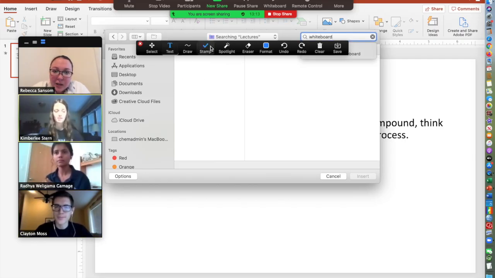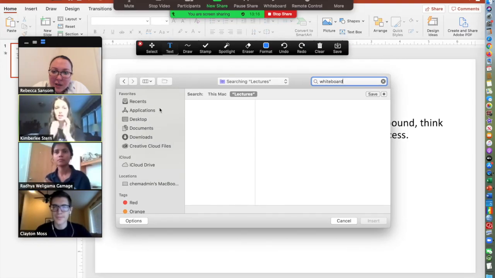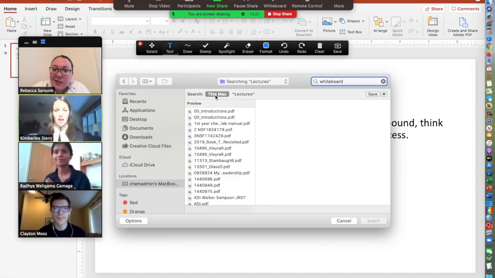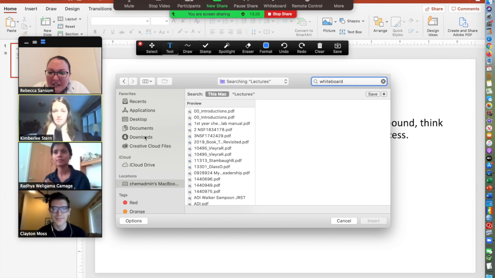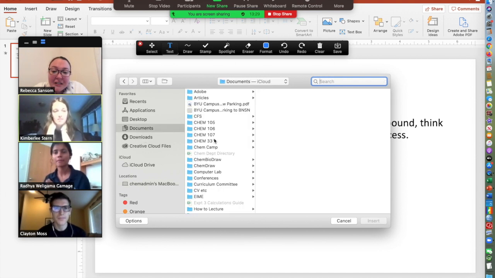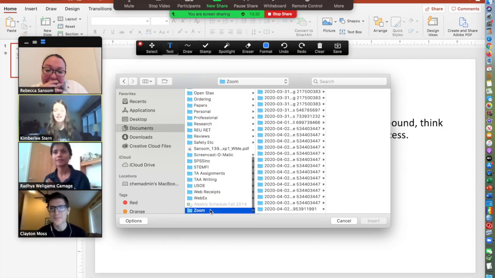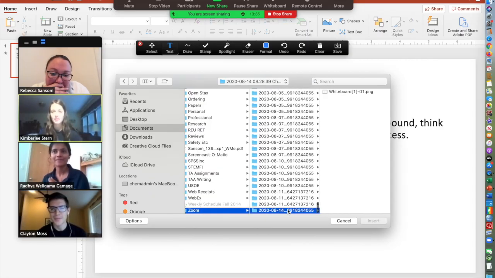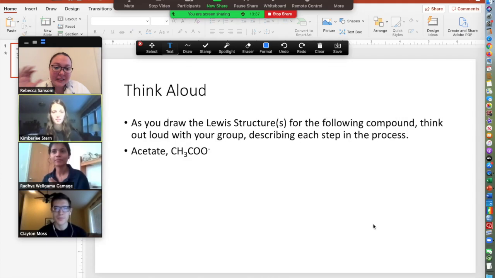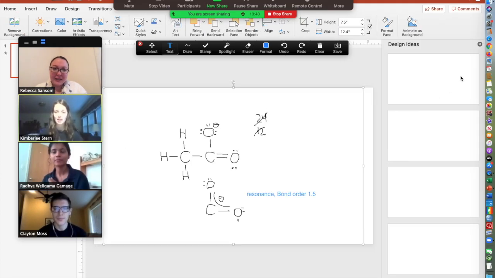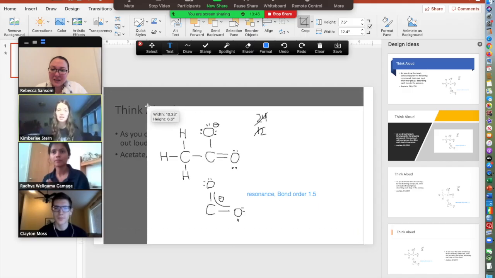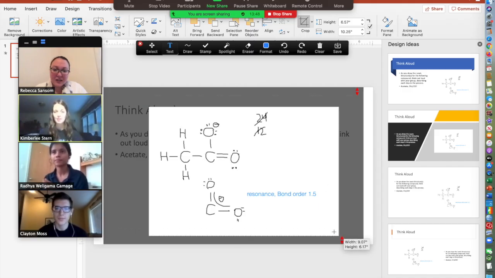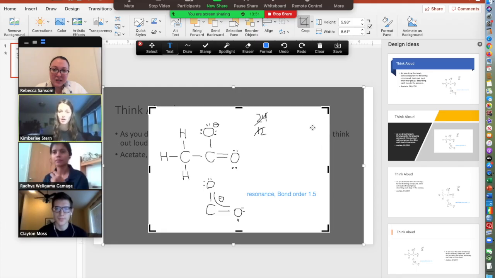What kinds of things do we want to talk about if she calls on us? So we have the structure. What kinds of things did we struggle with as we made the structure? I feel like it was kind of hard to know where to put the double bond because we had all the electrons in the structure, and I think that was a step we struggled with, knowing where to put the double bond and when.